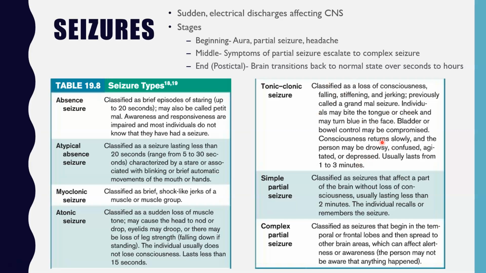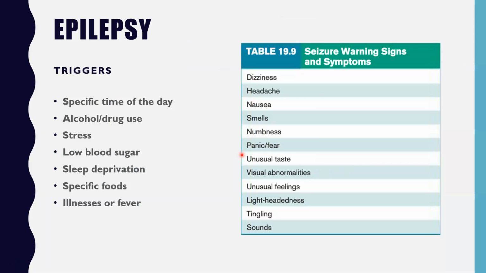Previously, that was called a grand mal seizure. Now it's called a tonic-clonic seizure. Look at these definitions so you know the different types in case you have a patient with a history of these specific types of seizures. You'll know what those are about.